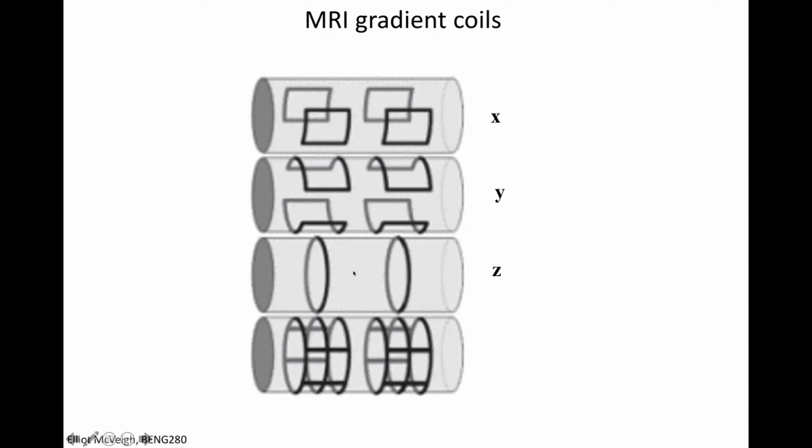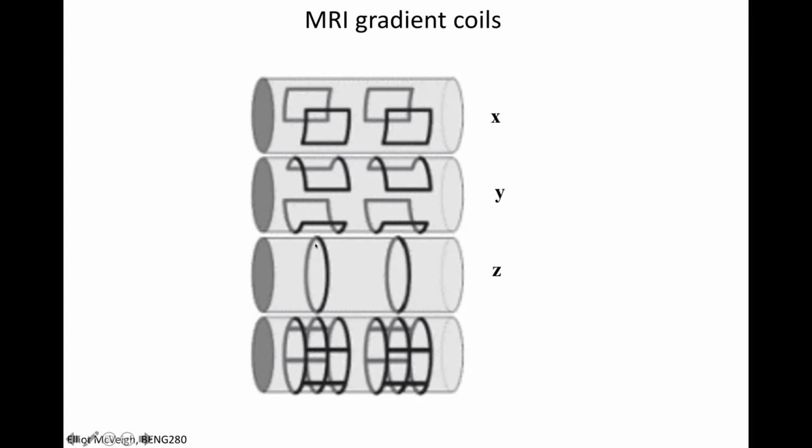I'll still be at 1.5 Tesla right between the two coils, and I'll grow in field strength to a max when I'm inside this coil and decrease to a min when I'm inside this coil, and then they'll roll back to their ground value. So that produces a linear magnetic field gradient.